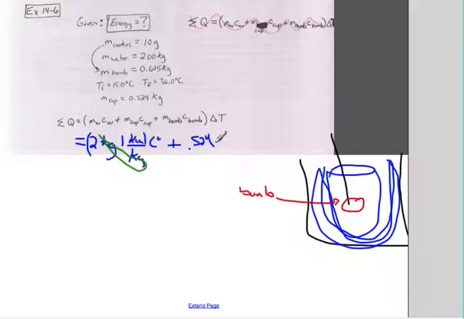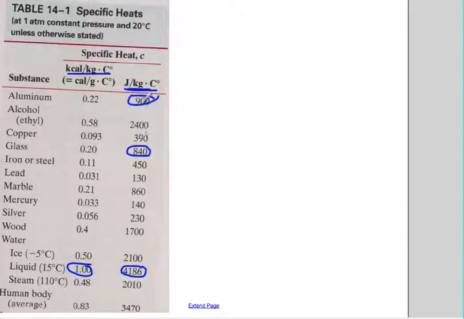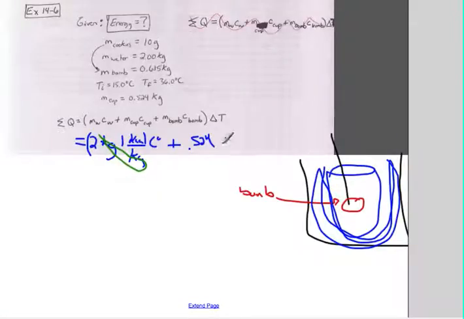So that's kilograms. And we're going to go grab the value for aluminum, so we're not going to use this one. We're going to use this one this time. So we're going to go times 0.22, right? So that's 0.22 kilocalories per kilogram times degrees Celsius. I'm not going to keep writing that down, just too much stuff.